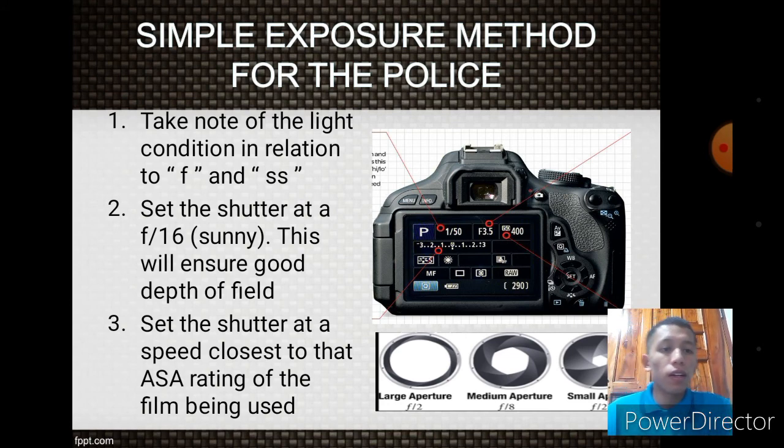Tapos, set the shutter at the f16 if sunny. Yung method natin, f16 dun sa aperture. Set the shutter at the speed closest to the ASA rating of the film being used.